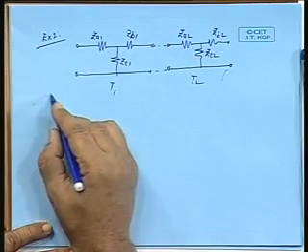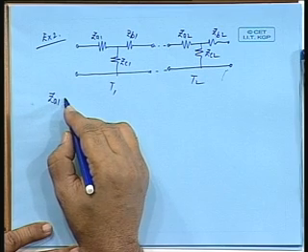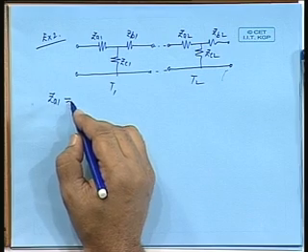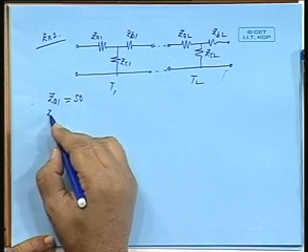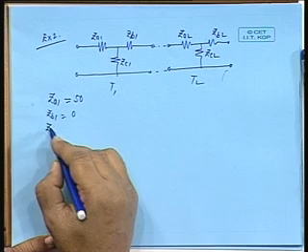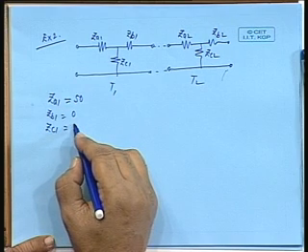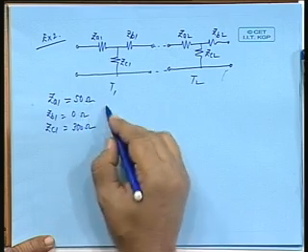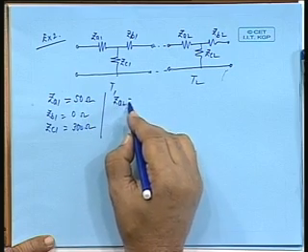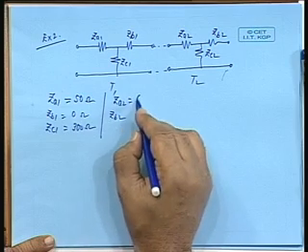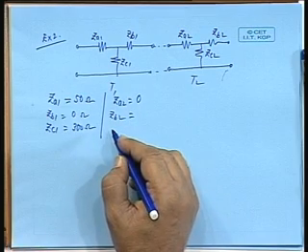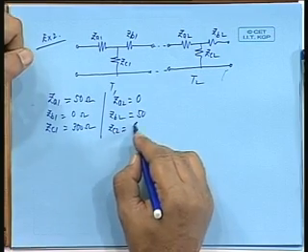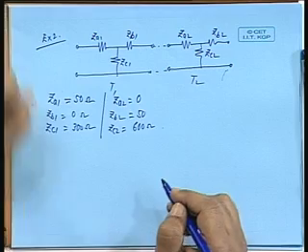The values given are ZA1 equal to 50 ohms, ZB1 equal to 0, ZC1 equal to 300 ohms. ZA2 is 0, ZB2 is 50 ohms, and ZC2 is given as 600 ohms. What will be the ABCD parameters?